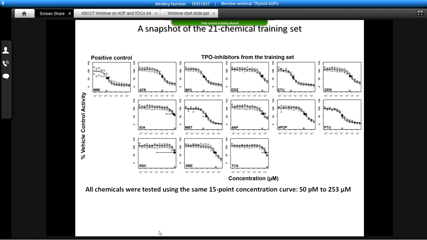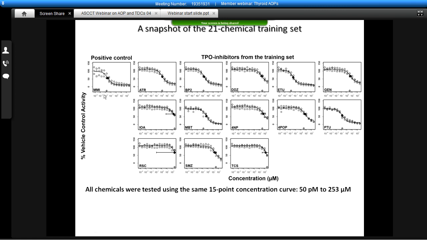So I want to give you a snapshot of the results of this 21 chemical training set. First, all of these plots of chemical data are percent of DMSO vehicle control on the y-axis, normalized to 100%, versus methimazole or chemical concentration on the x-axis.